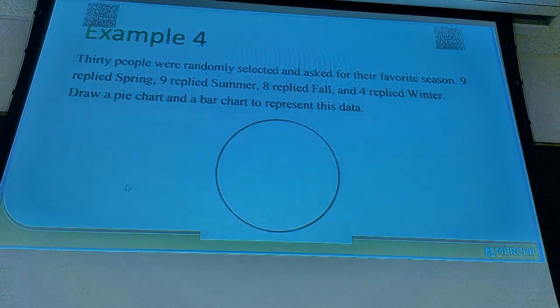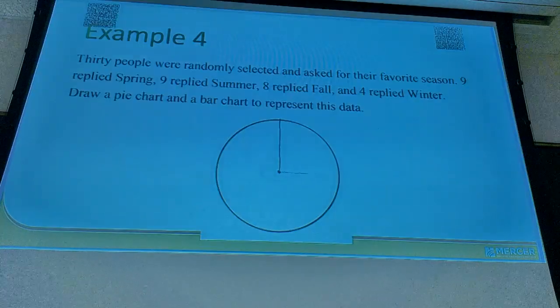Right now, again, I don't have to be perfect, but I said 30% for spring and summer. 30% is larger than a quarter. So I don't want to say that that's 30%, because that's clearly not. So I'm going to do something like this, I think.